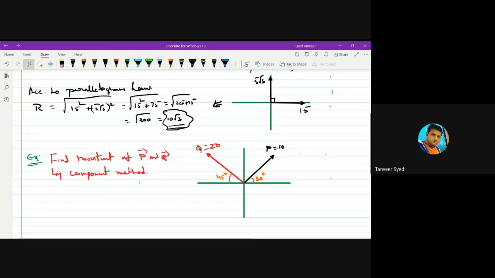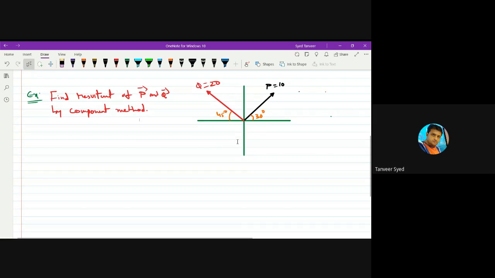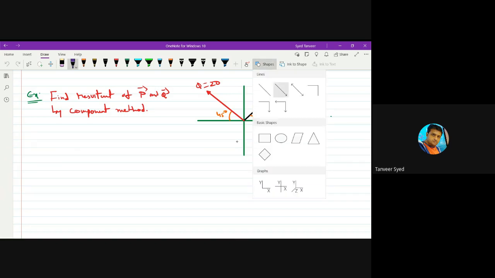Component method means splitting it into horizontal and vertical components. Okay, how can we do this? I told you, if you find any vector which is neither horizontal nor vertical, first of all, you should think: if I resolve it into components, will there be any advantage? Will the situation be simplified? Yes, here if I resolve P into vertical and horizontal components, I'll get something like this.